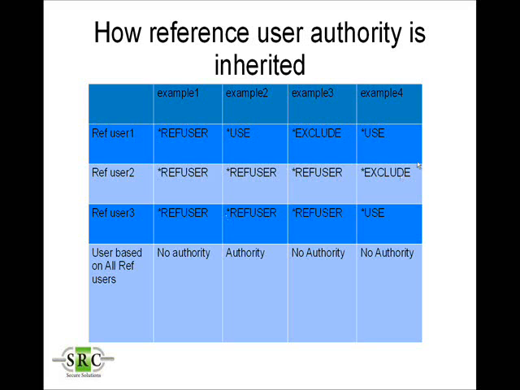It's worth noting that if one of the reference users has exclude authority, meaning his authority to a particular menu or menu option has been revoked, then that revocation of authority takes priority over any user authority from other reference users, and the end result is that the end user will have no authority to use that particular menu or menu option.